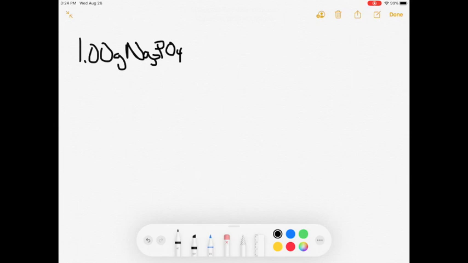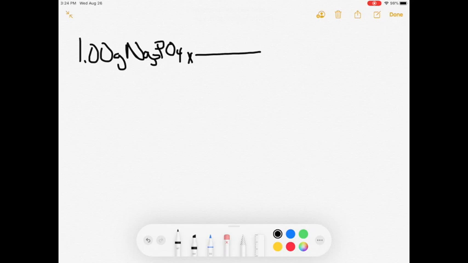First thing I have to do is get it in moles. I can't use that conversion factor of moles of my compound to moles of my element with grams. So I have to change this first part from grams to moles.